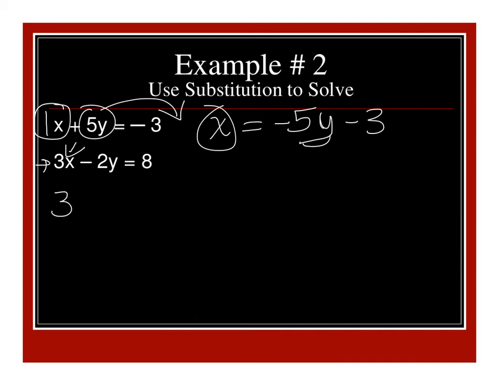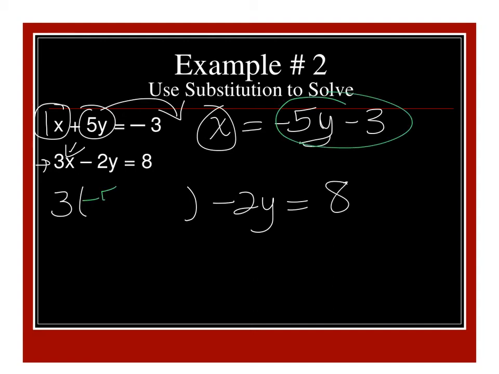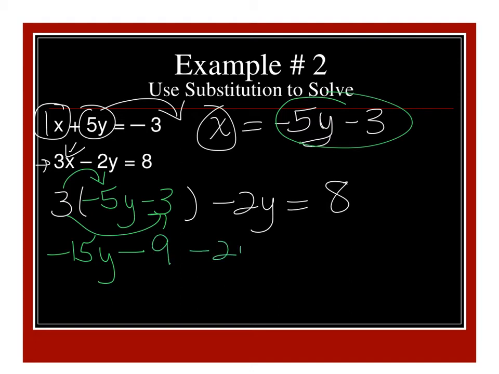So remember, when I substitute in, I take that variable, I make parentheses, I keep everything else the same, and I'm going to substitute this value in the parentheses. From there, I'm just going to distribute.